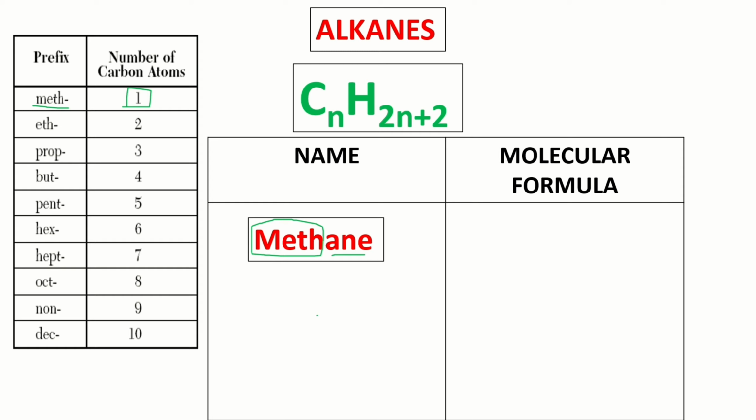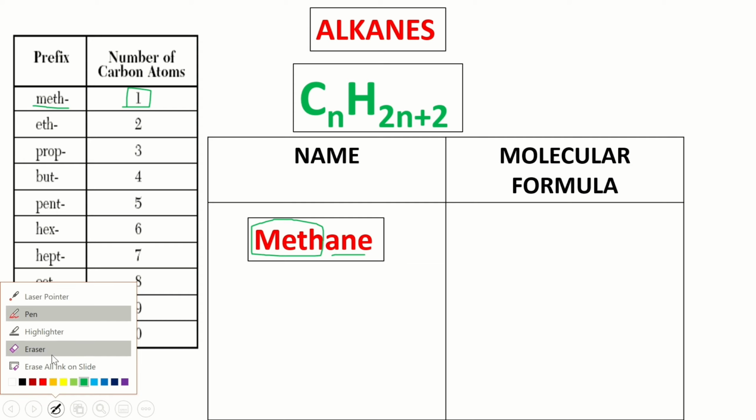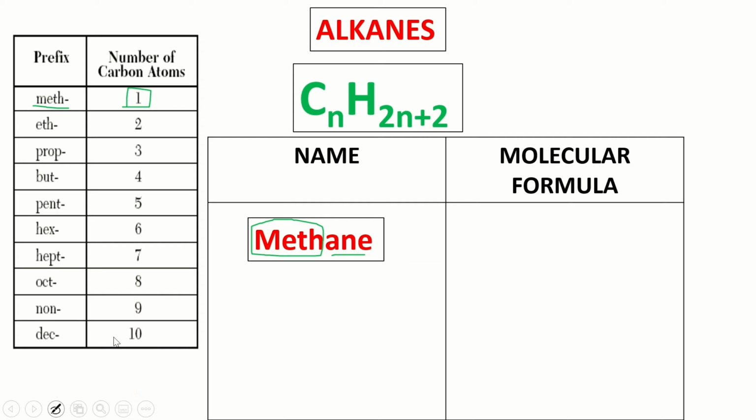To identify the molecular formula, you're going to use the general formula, CnH2n+2. You're going to substitute the number of carbon atoms. Let's put 1 here, so substitute 1, then another 1. For the carbon atom, we only have 1.